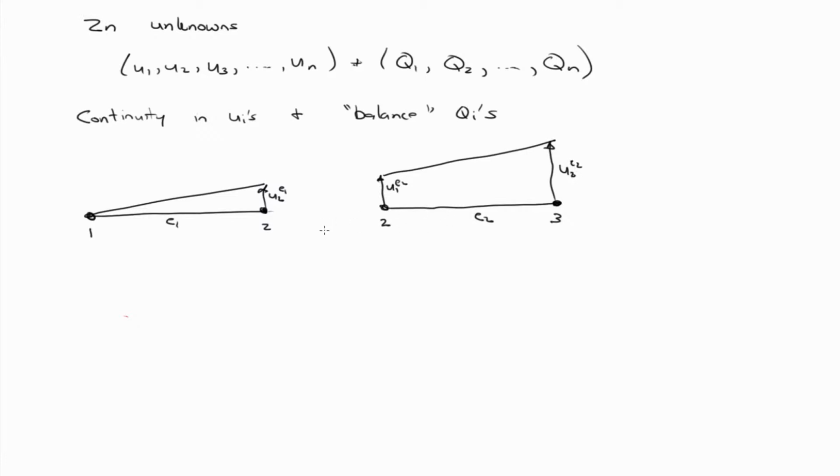U2, E2. So those solutions are U1 over element 1, NJ, UJ, U2 over element 2, NJ, UJ. And then we have some Q1, E1, some Q2, E1, some Q1, E2, and some Q2, E2.